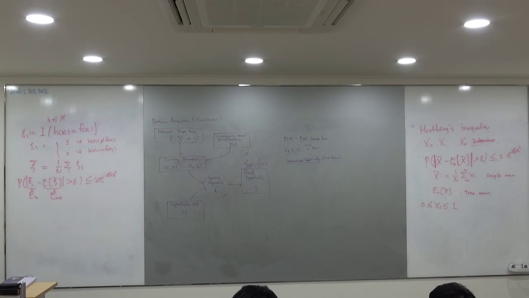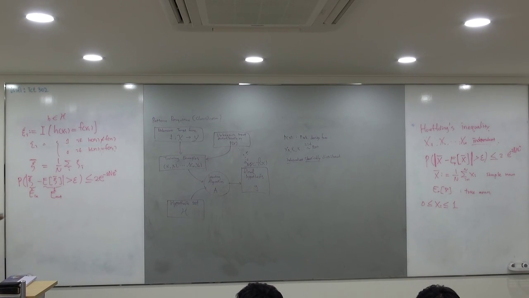If you want to truly calculate the true error, then you have to think about the whole possible data, so that it's taken over. But in concept, you can think of this one as a test error.